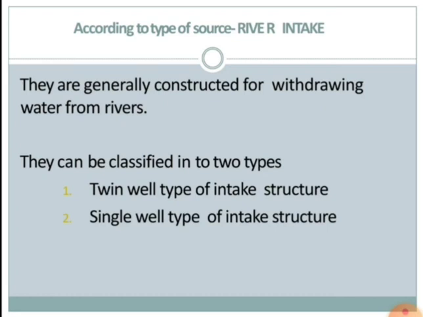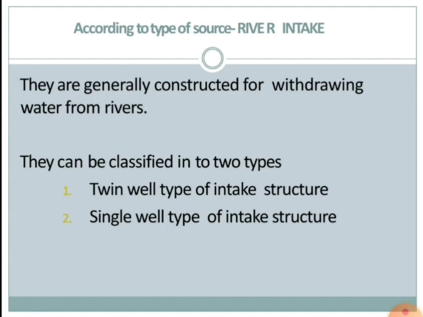A river intake is an intake that is located on the upstream side of the city, so that pollution is minimized, and it is located sufficiently inside the river so that the demand for water is met in all the seasons of the year. So we know that based on the season, the quantity of water available may be high or it may be lower.